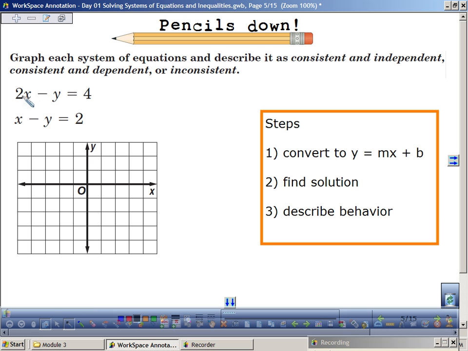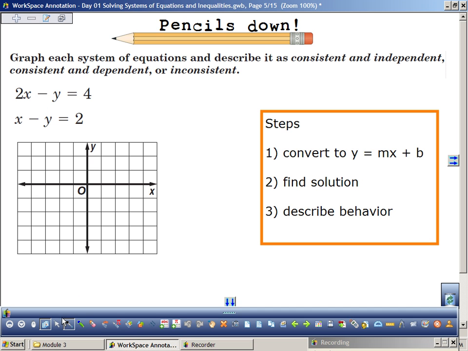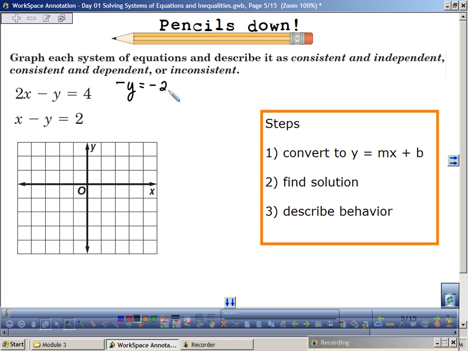Alright, so what do I need to do to graph these two lines? I need to put them in slope-intercept form. So I'm going to put this one in slope-intercept form. The first thing I'm going to do is negative y equals negative 2x plus 4. Everybody agree?